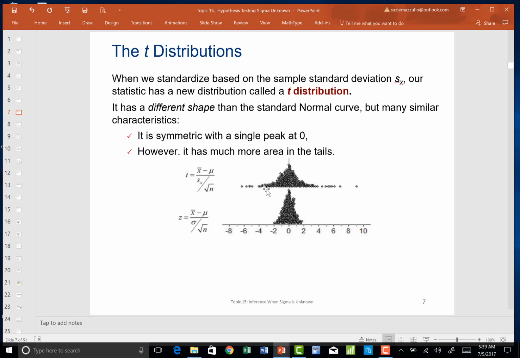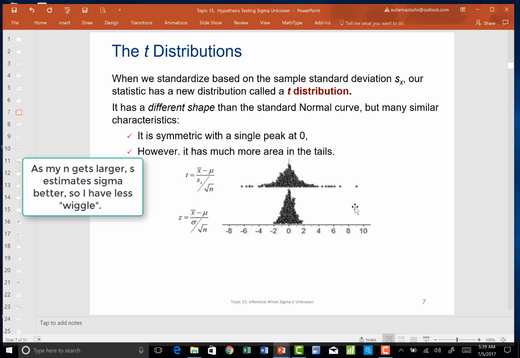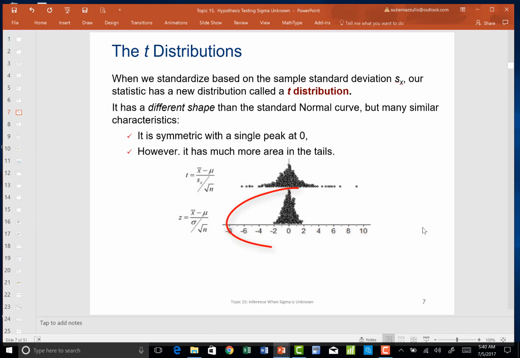So for each sample size, the larger my sample size, the law of large numbers tells us that my guess gets better. So guess what happens to these student t distributions here? As my sample size gets larger, my guess for my standard deviation gets better, and these thicker distributions start to look more like the standard normal distribution.